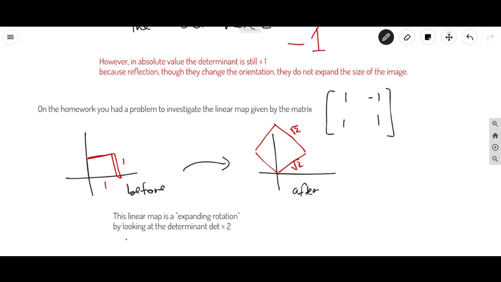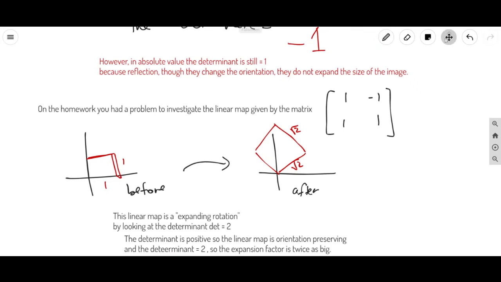So the determinant is positive, so the linear map is orientation preserving, and the determinant is equal to 2. So the expansion factor is twice as big. So the image becomes twice as big as it was before.